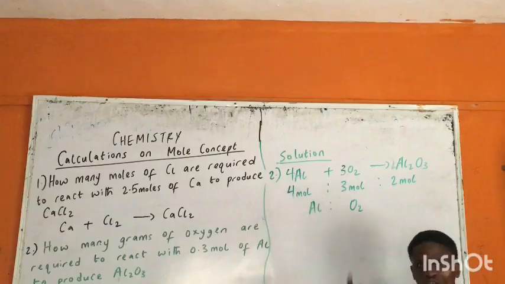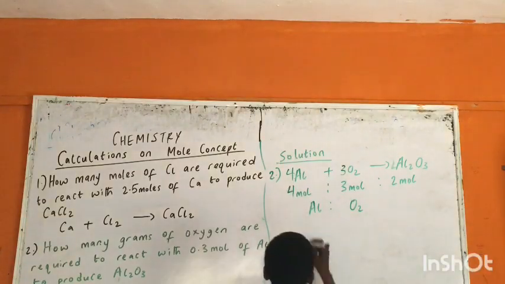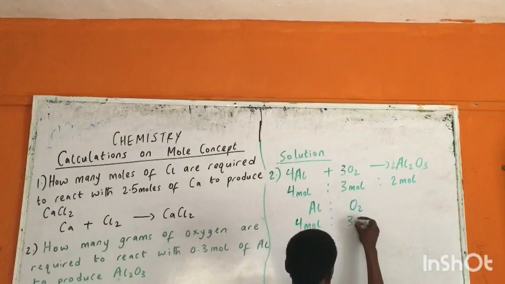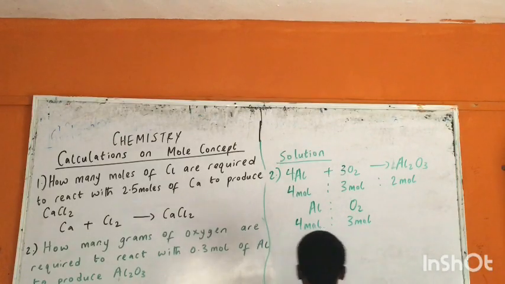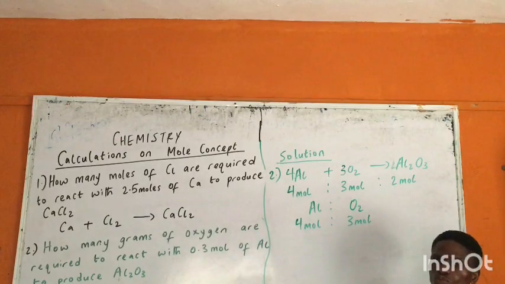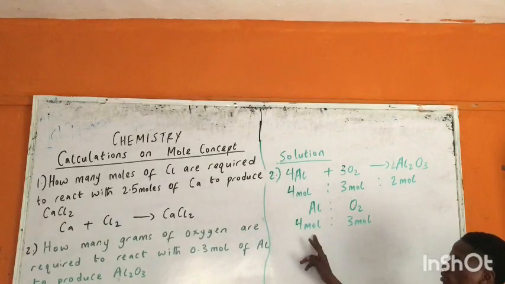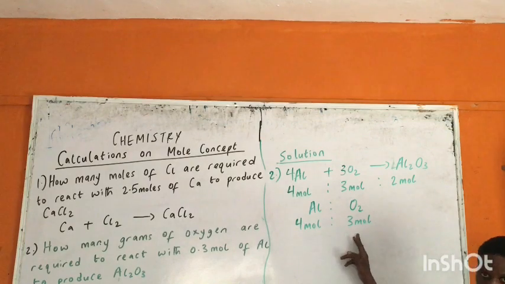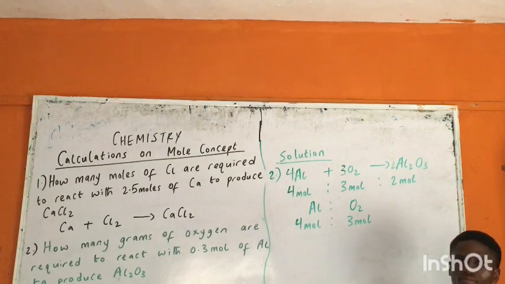So from the equation now, we have 4 moles of aluminium reacting with 3 moles of oxygen.